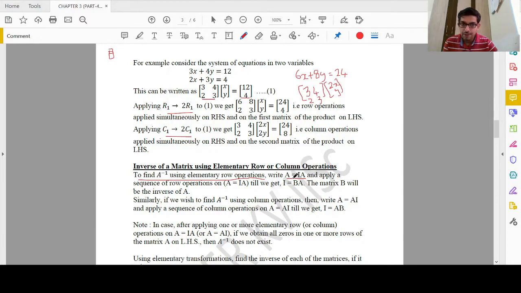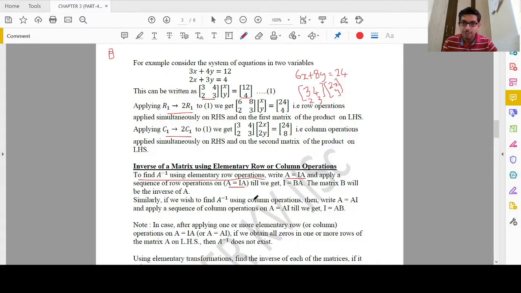And using the above result, we apply a sequence of row operations on this equation A equal to IA. That means we have to apply a sequence of row operations on A and on I, that is the first matrix of the product. Because of that reason only, we have to write A equal to IA in order to apply elementary row operations.